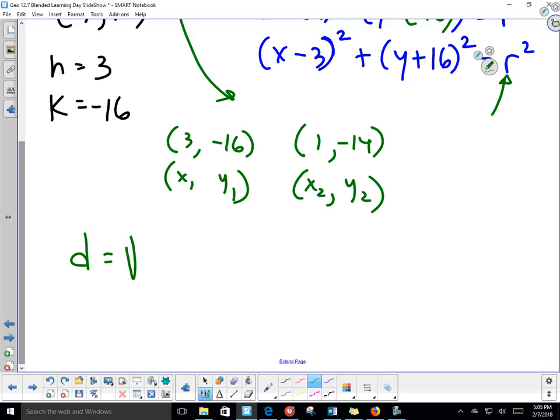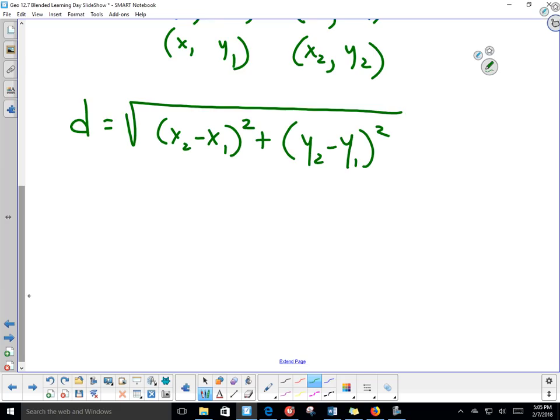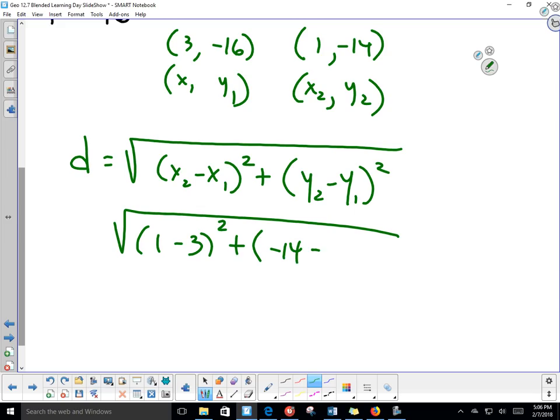So we're going to use that distance formula, which is the square root of x2 minus x1 quantity squared plus y2 minus y1 quantity squared. So plugging these values in, we're going to have square root of 1 minus 3, that's our x2 minus x1, quantity squared, and then -14 minus a -16 quantity squared.